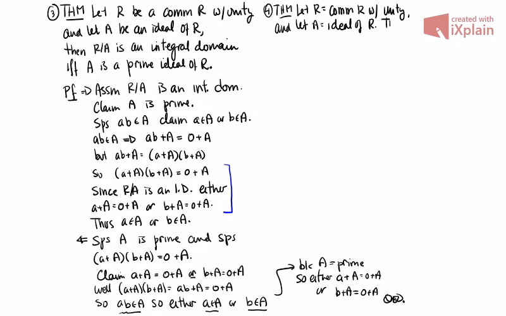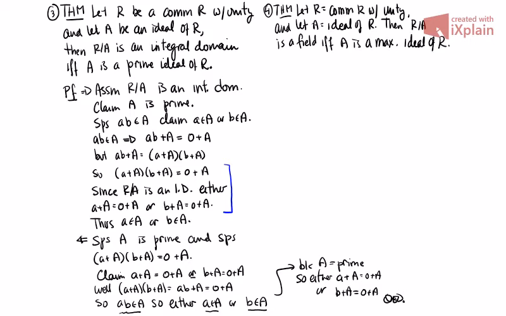Then R mod A is a field if and only if A is a maximal ideal of R.